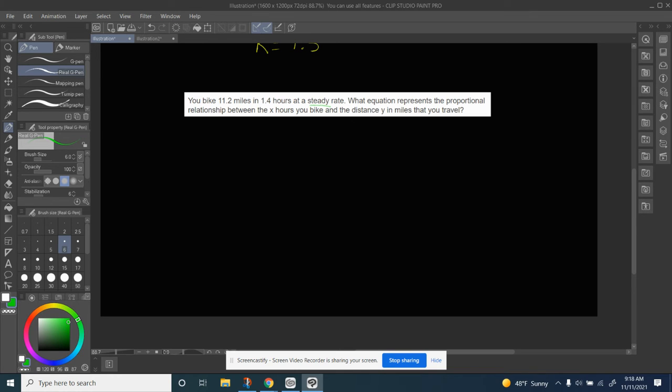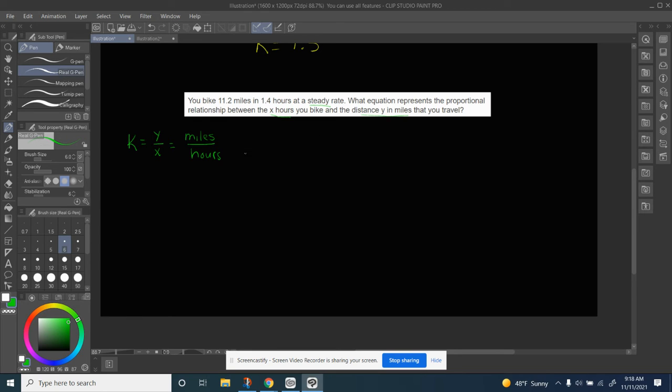What equation represents the proportional relationship between the x hours you bike and the distance y in miles that you travel? So again, we need to find this k value, and k value is always y over x, which in this case, they tell us that the miles are the y. So this is miles over hours. And that was just because it was given to us in the problem.